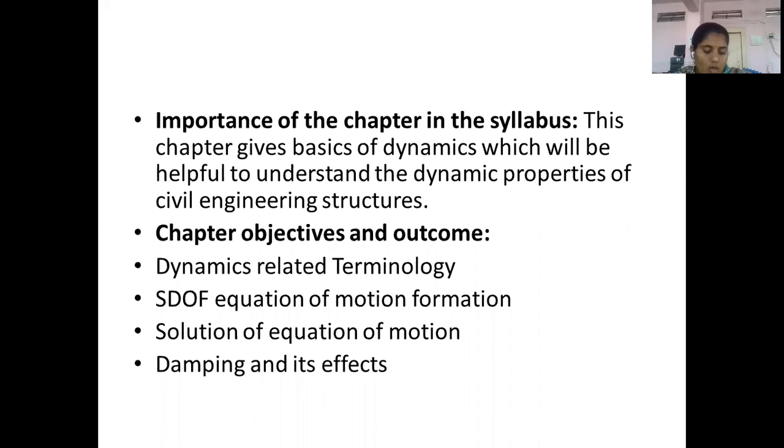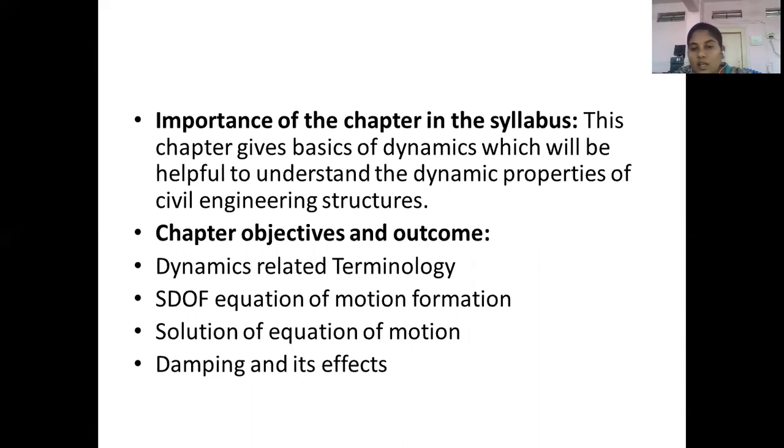Because the basics about dynamics are helpful to understand the dynamic properties of structures. That means what the dynamic loads are, what the dynamic analysis is, what the static analysis is, and what the static loads are. All these parameters are included here, so this chapter is very important. Now we'll move towards the chapter objectives and outcomes.